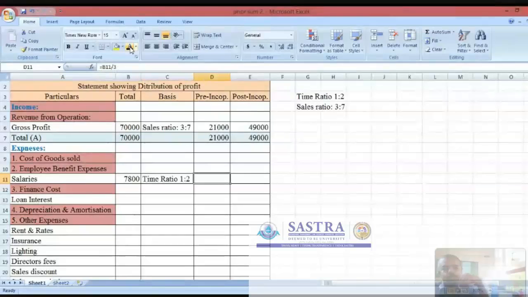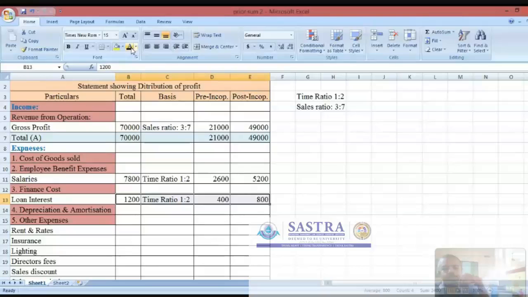So 7,800 in the time ratio 1 to 2 is 2,600 and 5,200. Finance cost, interest on loan, is given. Interest on loan will be distributed according to the time ratio, 1 to 2, so 400 and 600. No depreciation and no preliminary expenses are available.